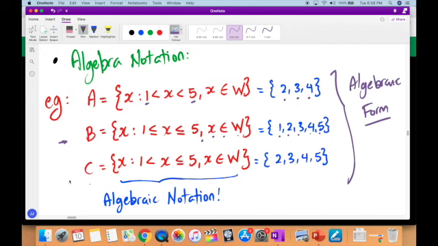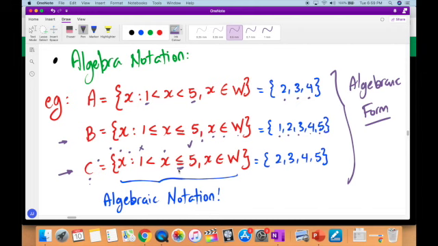And if you look at this set here now, and that's why you need to be careful, the set C is the set of numbers such that those numbers are between 1 but not including 1, and 5 but it includes 5. Right? It does include 5.